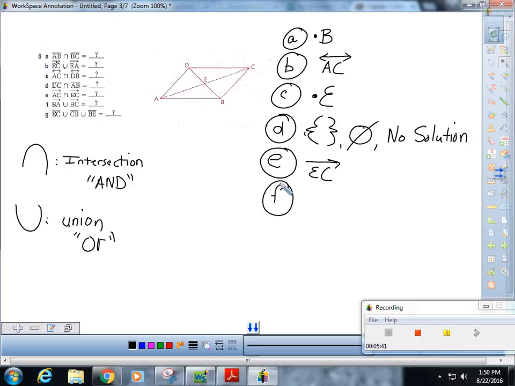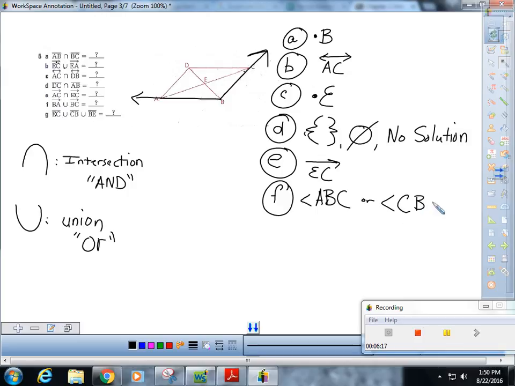F. Alright, ray BA or ray BC. How would you describe all of the points that are on this ray or that ray? Excellent. What would be another successful way to name that angle? Angle CBA.